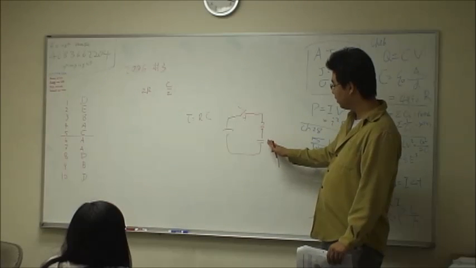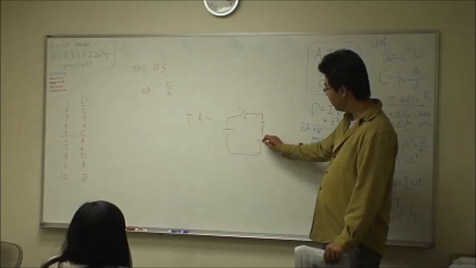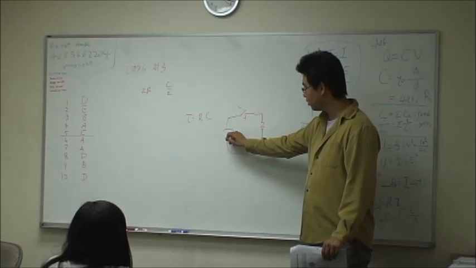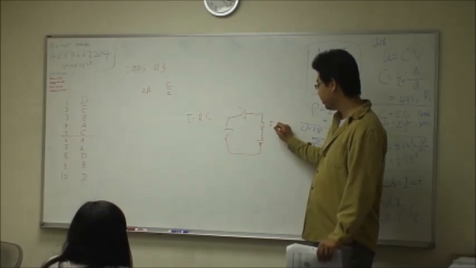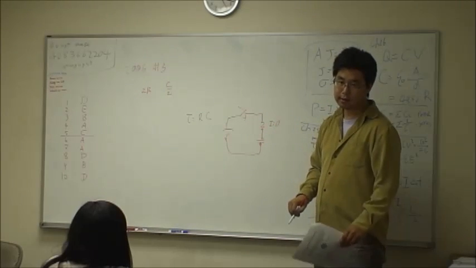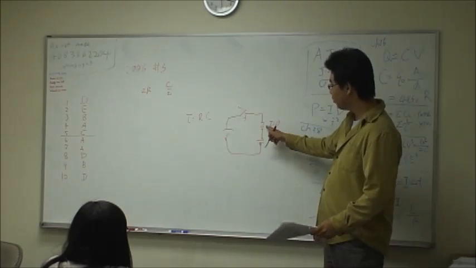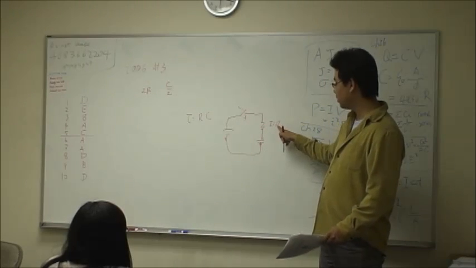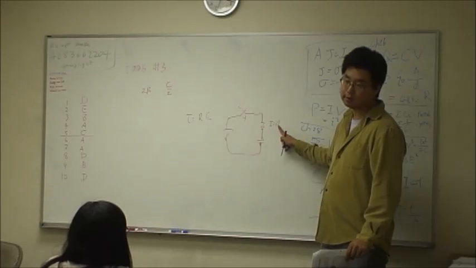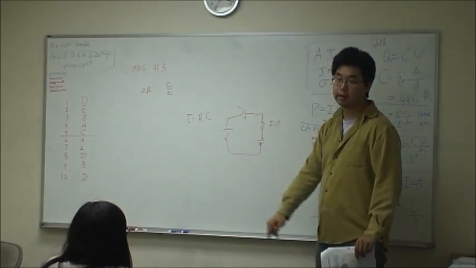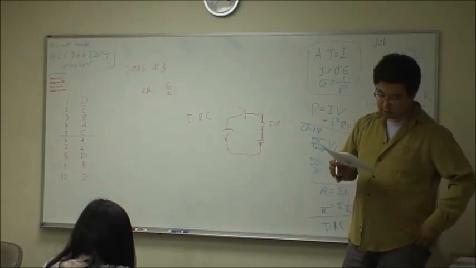At the end, it's fully charged, right? When it's fully charged, the voltage here will be equal to the voltage here, since the current is equal to 0. Make sense? Doesn't matter what the resistance is here. It's always current equal to 0, so the voltage is always Vm here. That means E is not right.